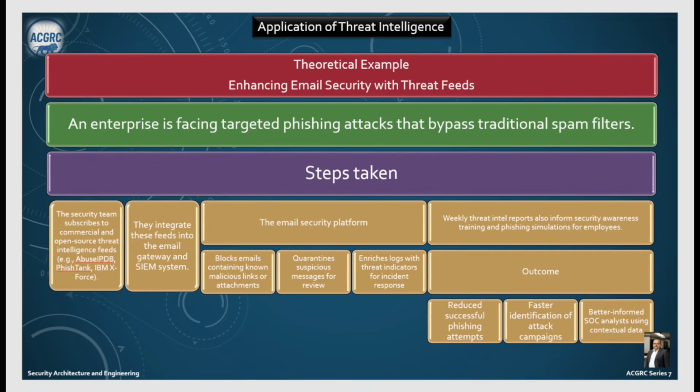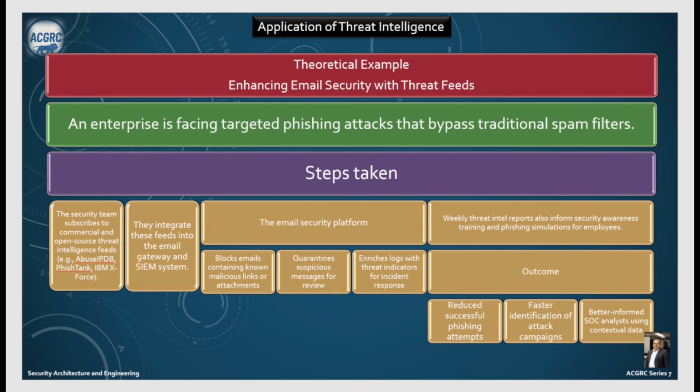Example: an enterprise is facing targeted phishing attacks that bypass traditional spam filters. The steps taken include: the security team subscribes to commercial and open source threat intelligence feeds. They integrate these feeds into the email gateways and SIEM systems.